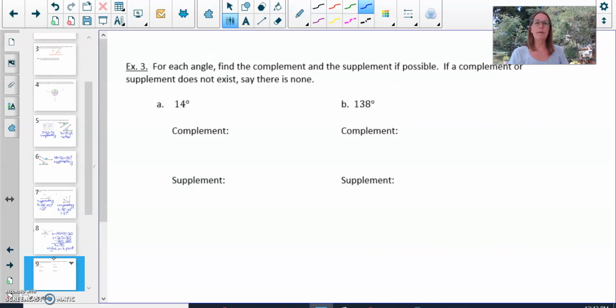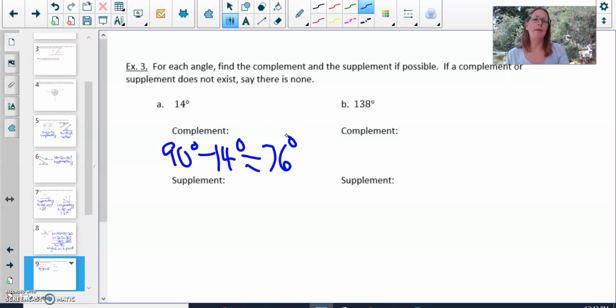Okay, our next example. For each angle, find the complement and the supplement if possible. If a complement or supplement does not exist, say there is none. So 14 degrees: the complement of a 14-degree angle, I would do 90 degrees minus 14 degrees, which is 76 degrees.